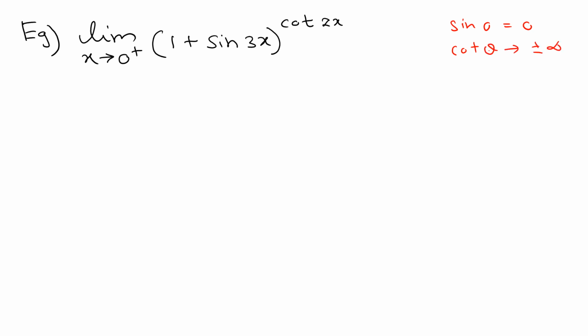So you can see that the sine goes to 0, so you get a 1 to infinity situation. So when you have a 1 to infinity situation, this is an indeterminate form.